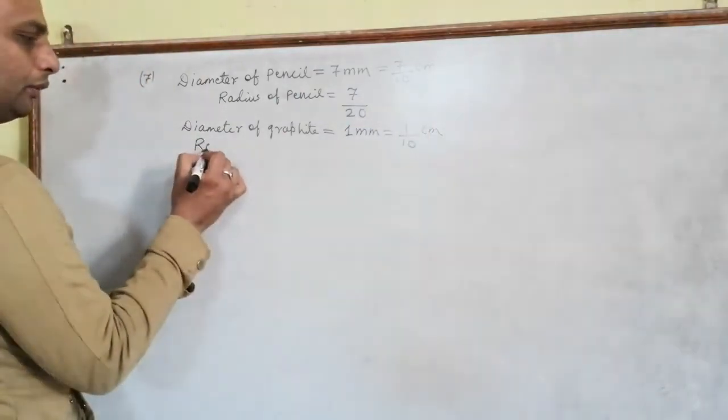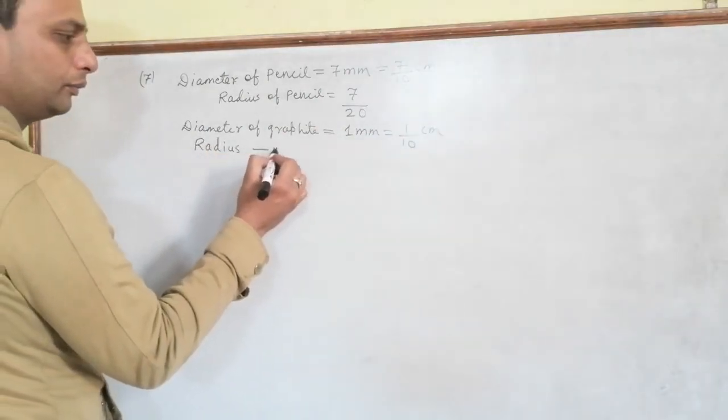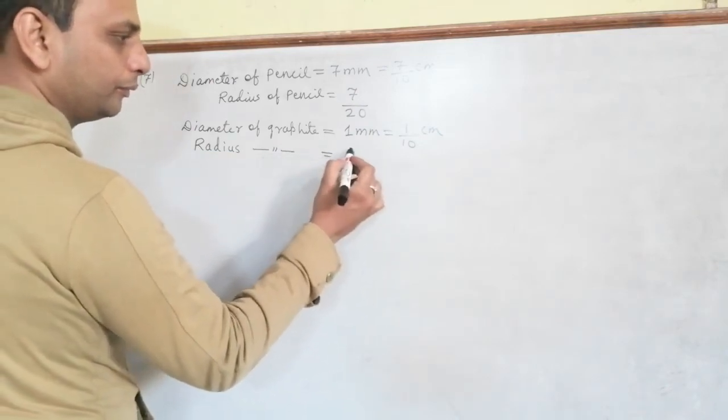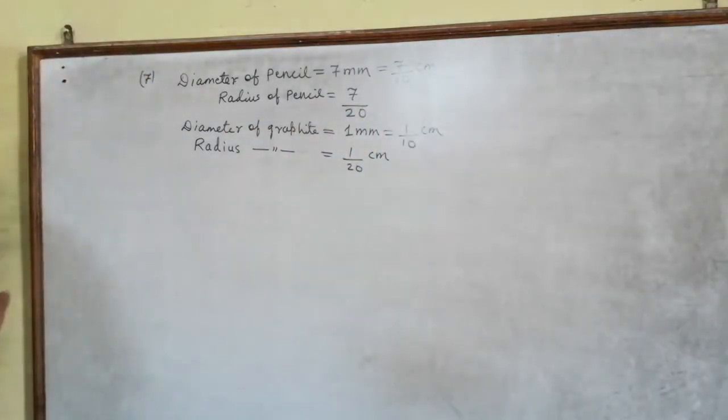Radius will be 1 upon 20 centimeter. Now radius we got, diameter we got. Now we have to find the volume of the wood.